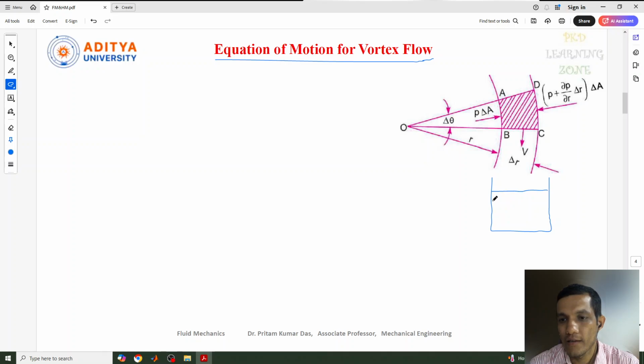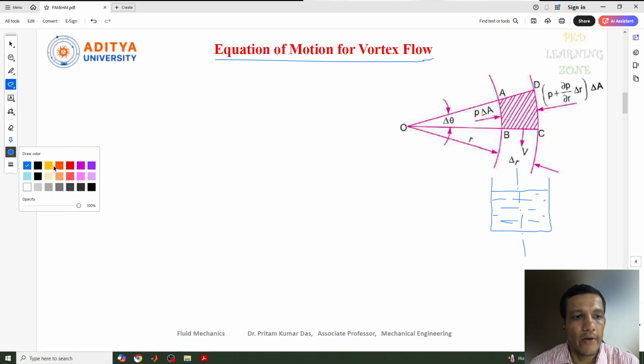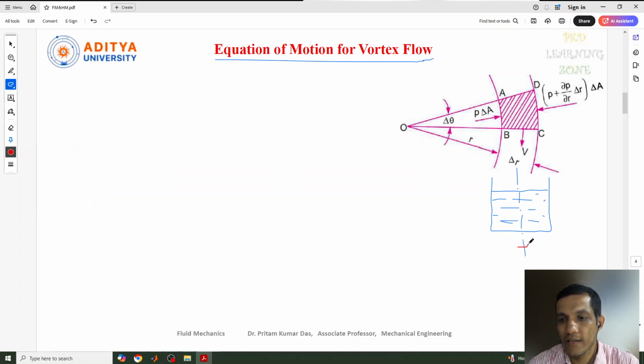There is some level of water present in this container, and let's draw the center line of this water container. Here I have taken a fluid element, suppose, when it started rotating.